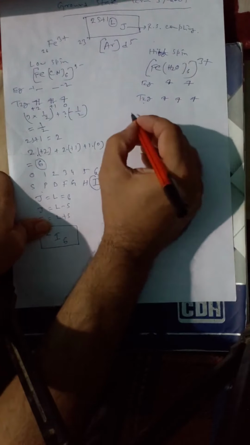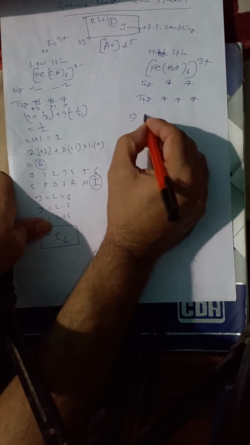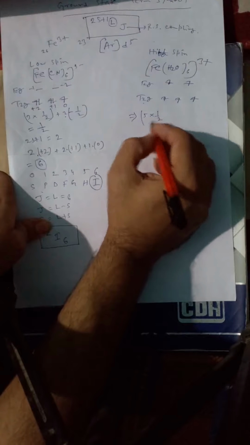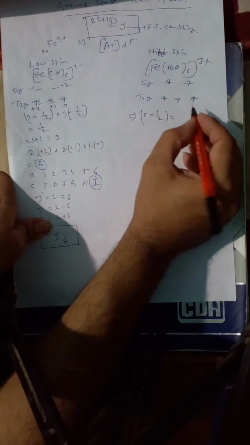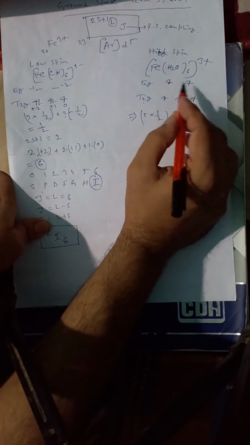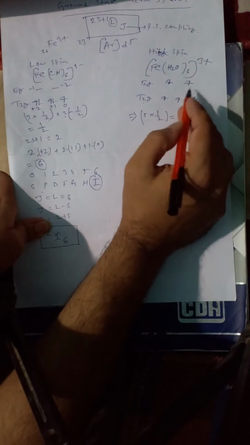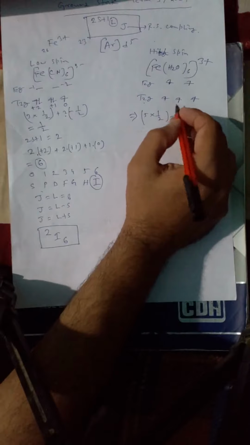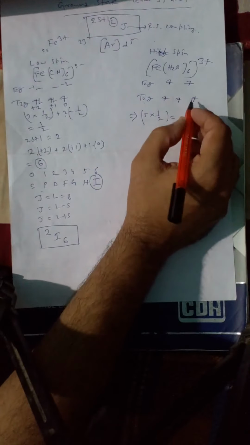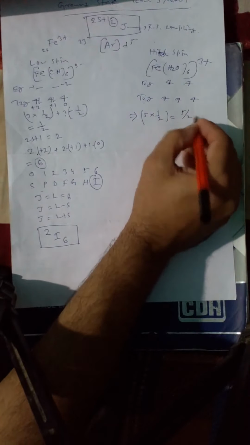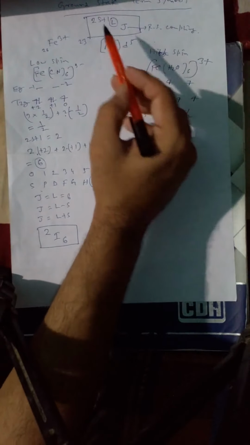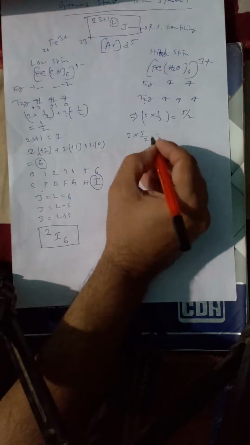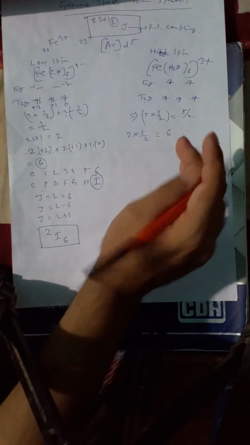Here the total spin quantum number is 5 into half, because there are 5 electrons, all in the same positive spin. The total spin quantum number is 5 by 2. So the spin multiplicity 2S plus 1 is equal to 6.